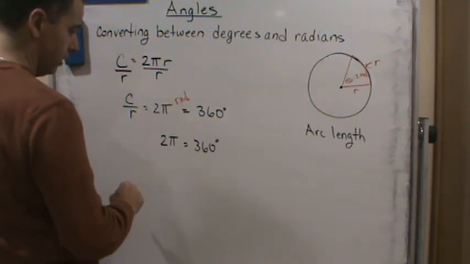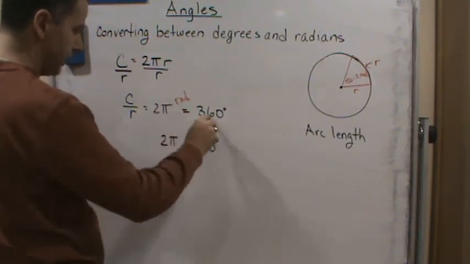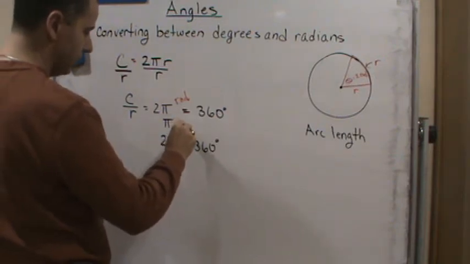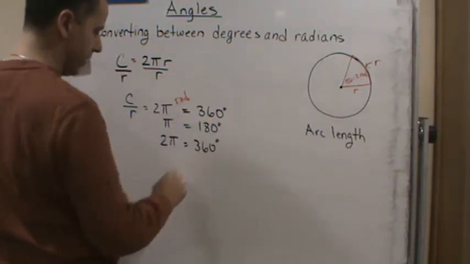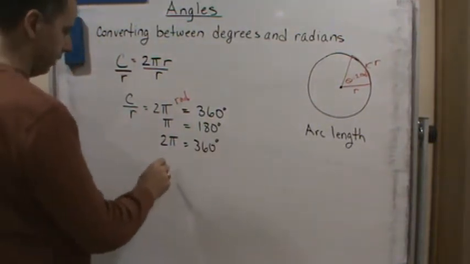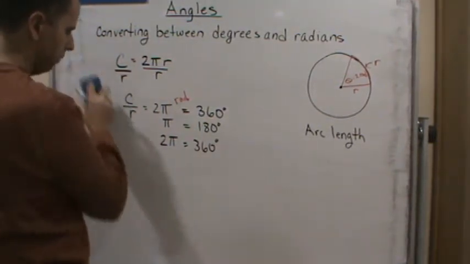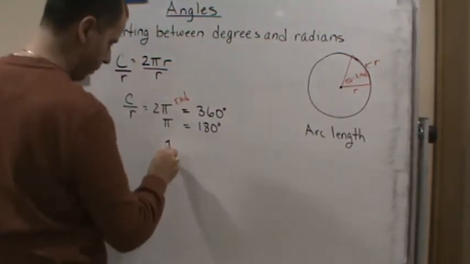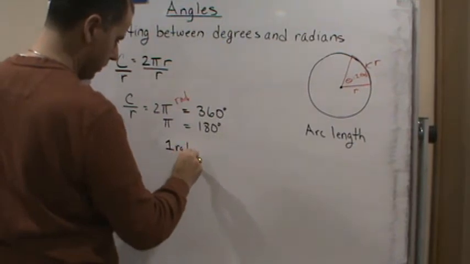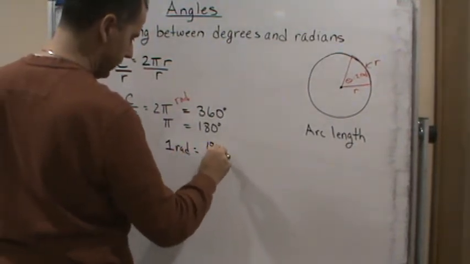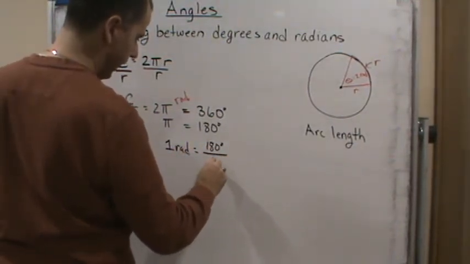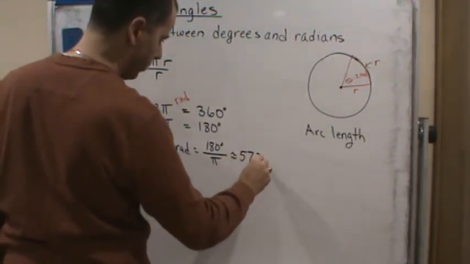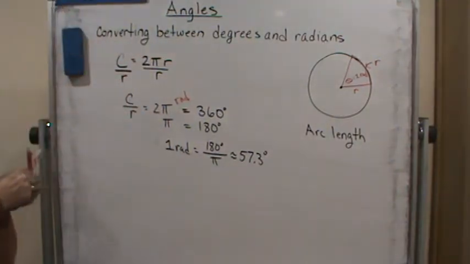Since 2 pi radians is 360 degrees, pi radians is equal to 180 degrees, like I said. Well, what's 1 radian? 1 radian is equal to 180 degrees divided by pi, which is approximately equal to 57.3 degrees.